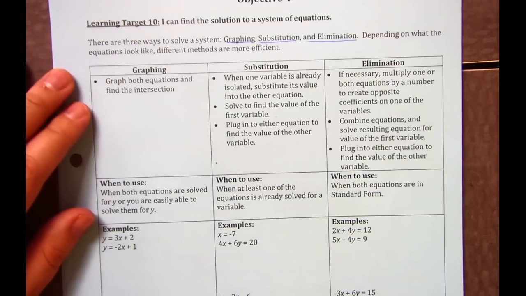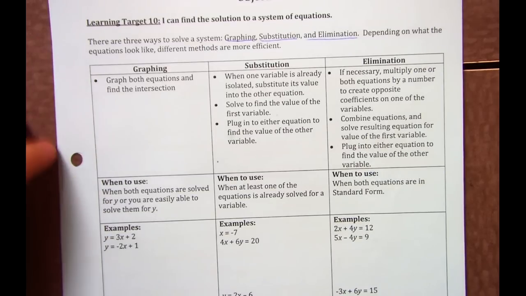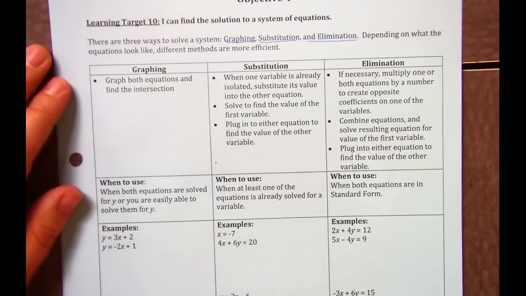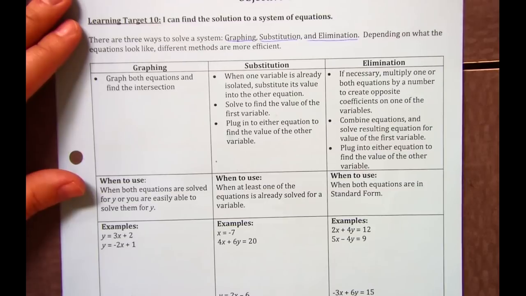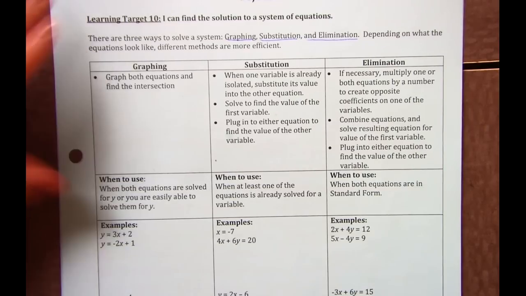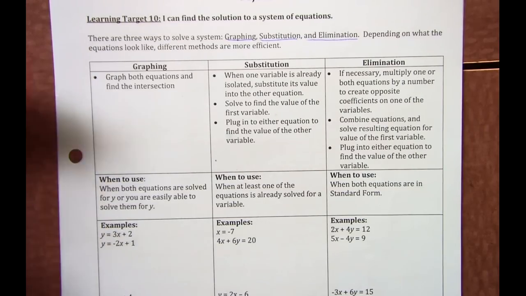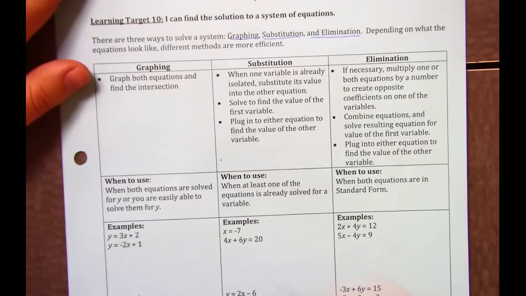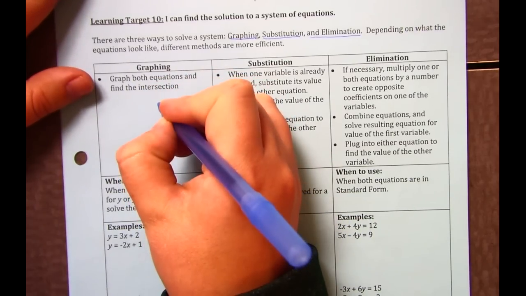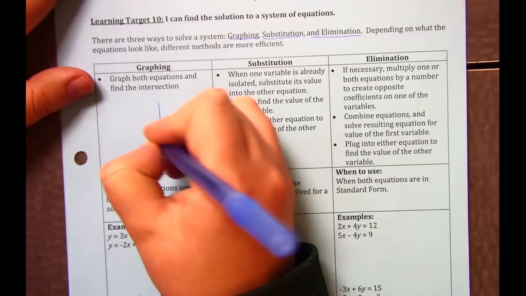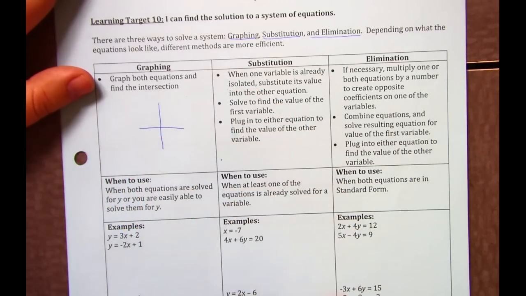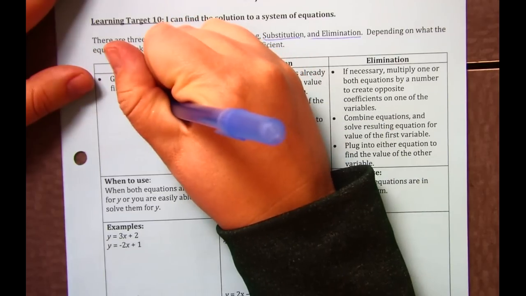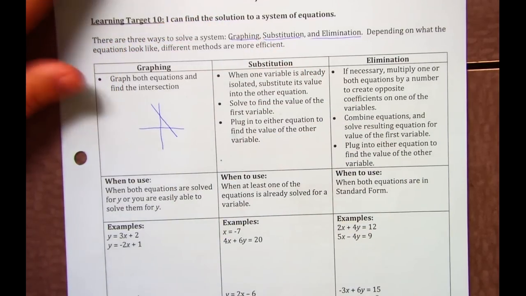Now, in order to solve a system of equations, we first have to understand what a system of equations is. A system of equations is two equations that are solved together. So, for example, let's say you have one equation, and this is the line for that equation.